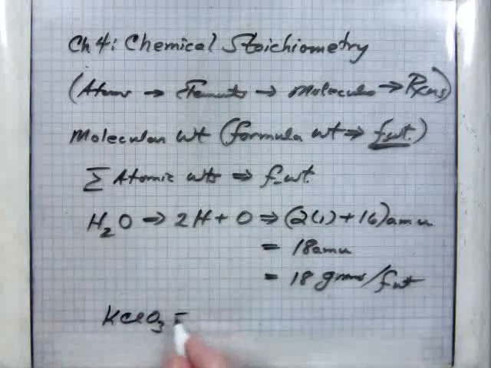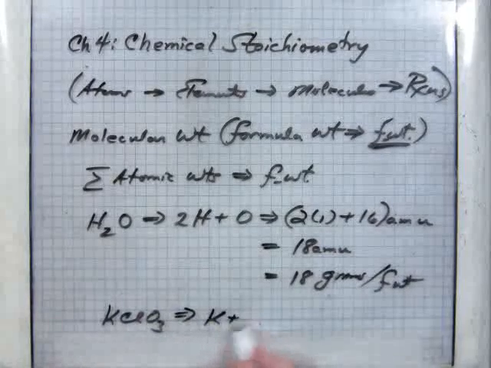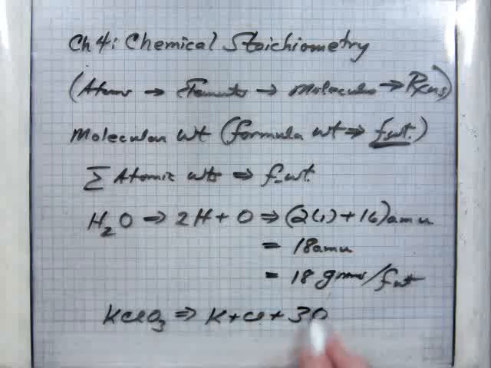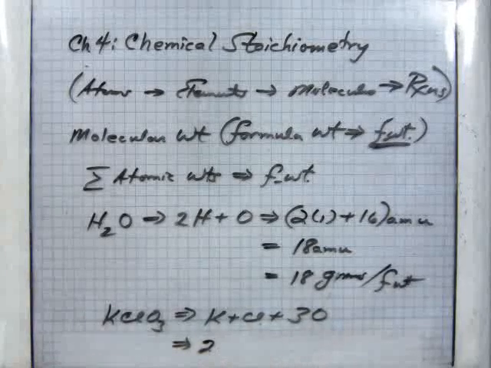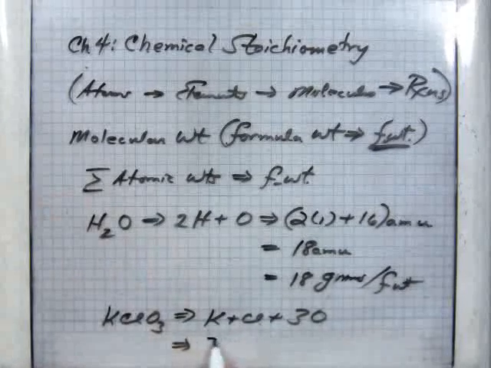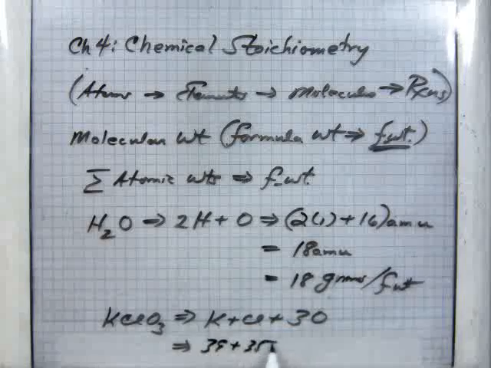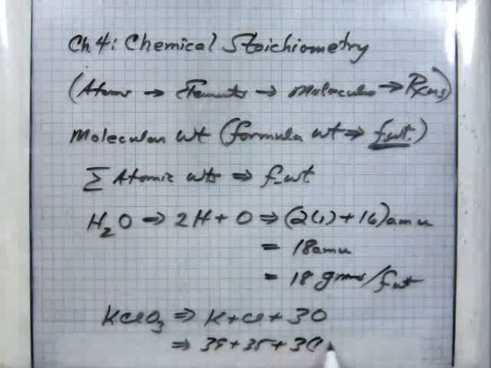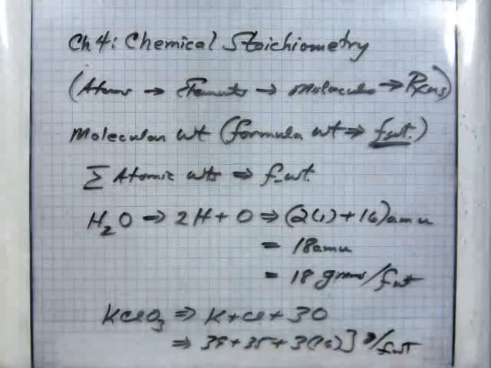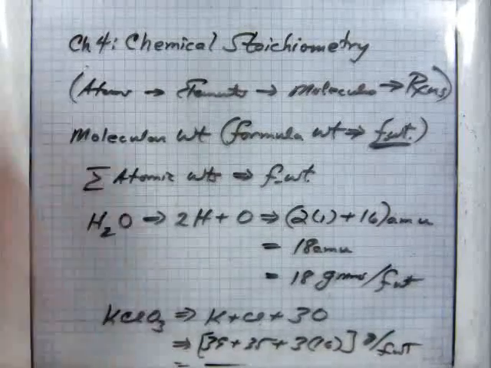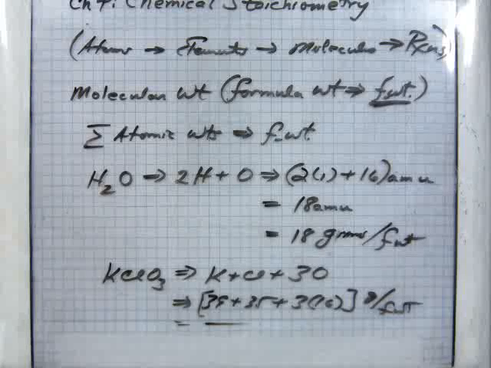KClO3 formula weight, potassium plus chlorine plus 3 oxygens, I think it's 39 plus 35 plus 3 times 16 and grams per formula weight. And so you get an idea of what we've done.